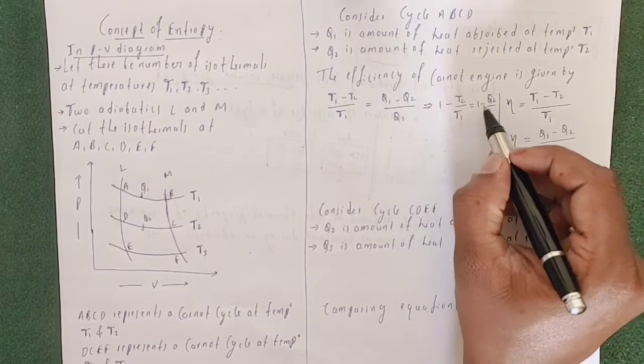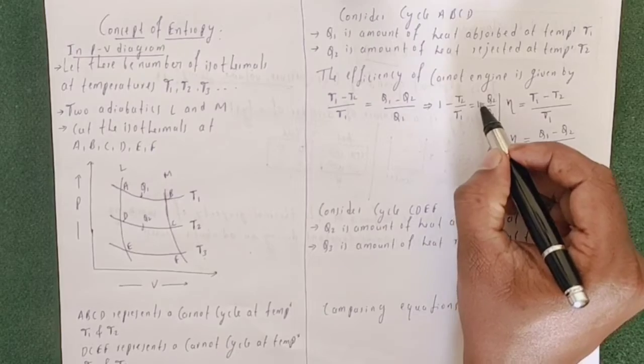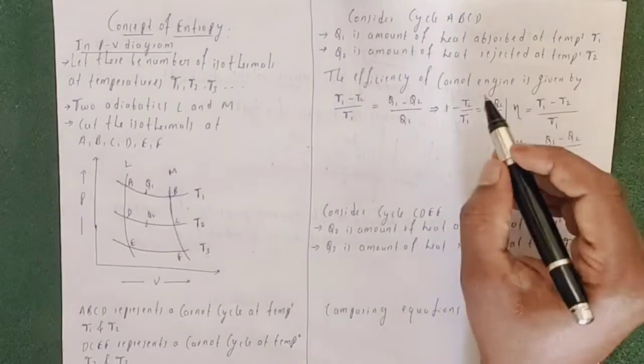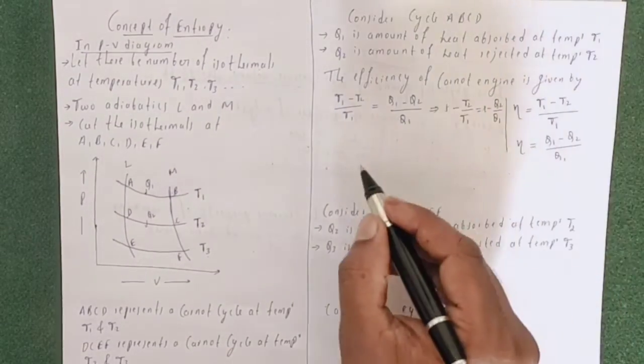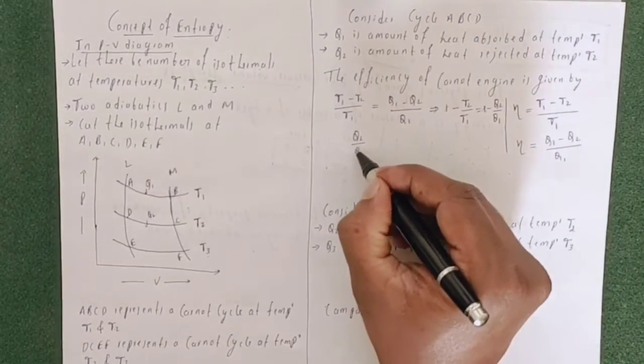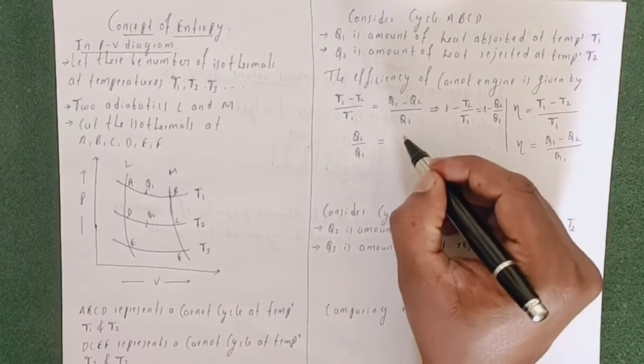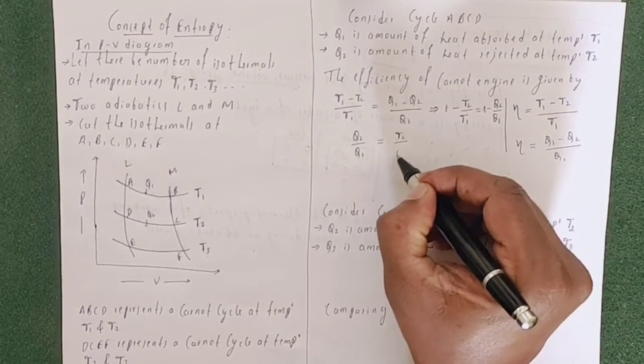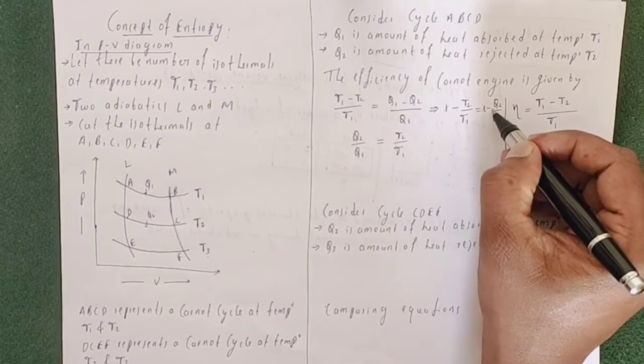The 1s and the minus signs cancel each other, and we are left with Q2 divided by Q1 equals T2 divided by T1.